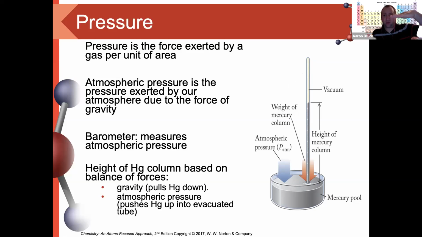You've got atmospheric pressure pushing down on the pool of mercury, which in turn pushes mercury up the column. And then you've got the weight of the mercury itself pulling the mercury down on the column. And so when the two reach an equilibrium with each other, where their forces are actually equal, that's what we can measure as the barometric pressure.